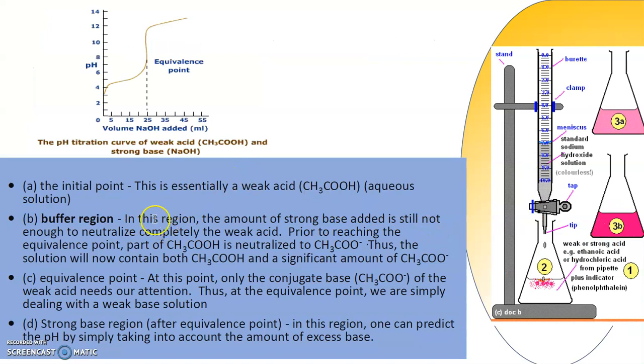So proceeding to this curve, this is the starting pH of acetic acid, between 3 point something to 4. The equivalence point is above 7, maybe 8 or 8.5 to 9. This is a diagram to show weak acid versus strong base.